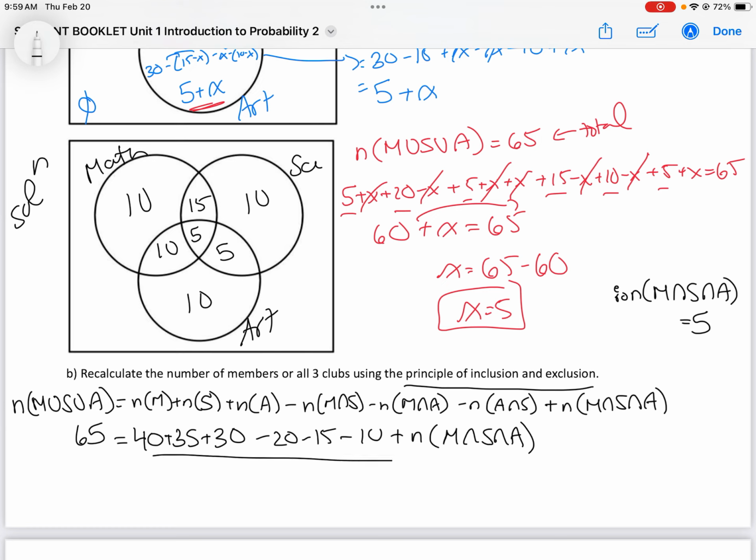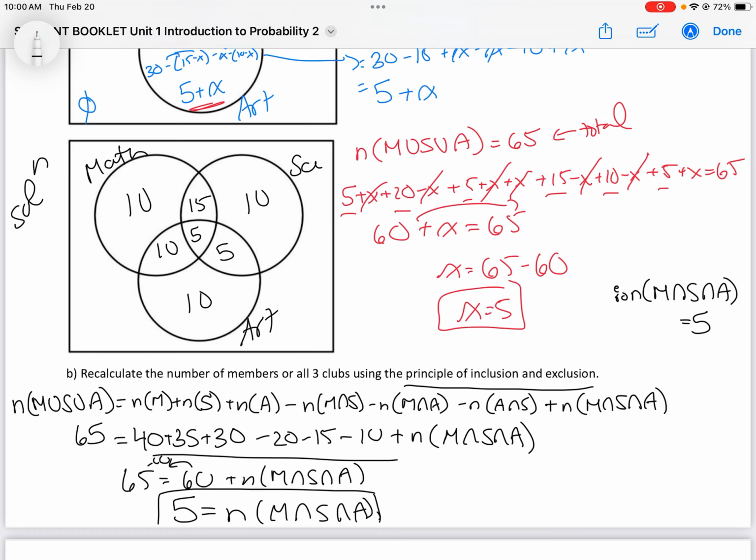So let's go ahead. I can put 40 plus 35 plus 30 minus 20 minus 15 minus 10 in my calculator. I'm getting 65 equals 60 plus the number in all three. And if we bring this 60 over and it changes to a negative 60, we get 5. And this is how we use the principle of inclusion and exclusion to do the exact same thing.